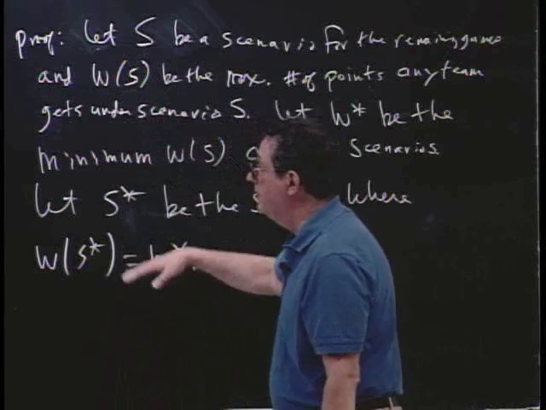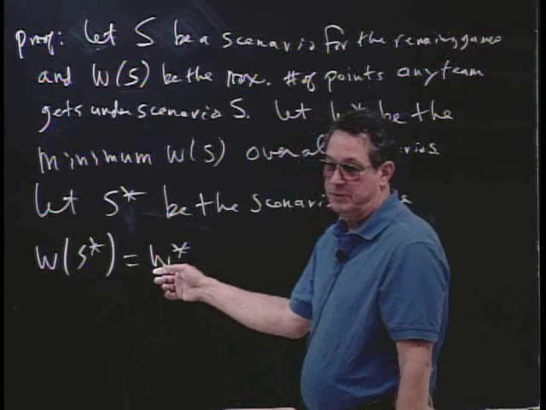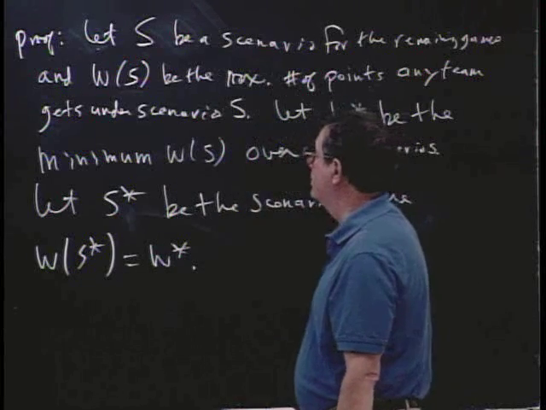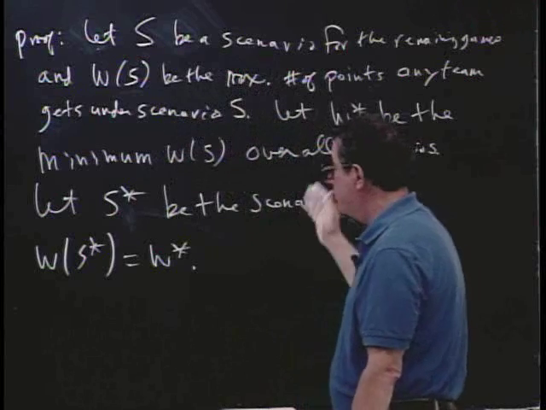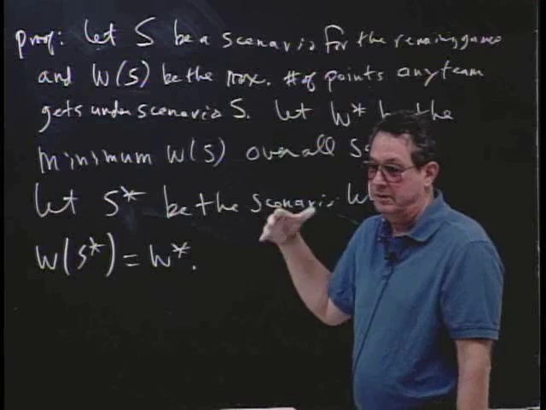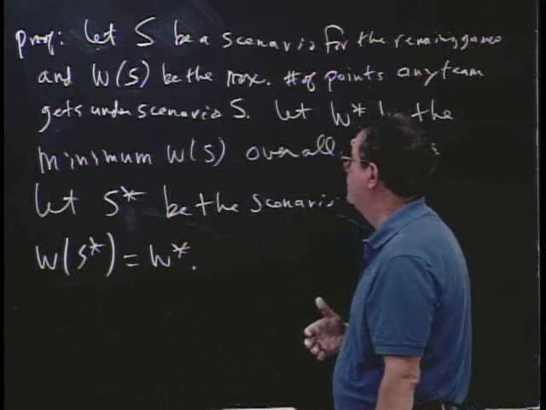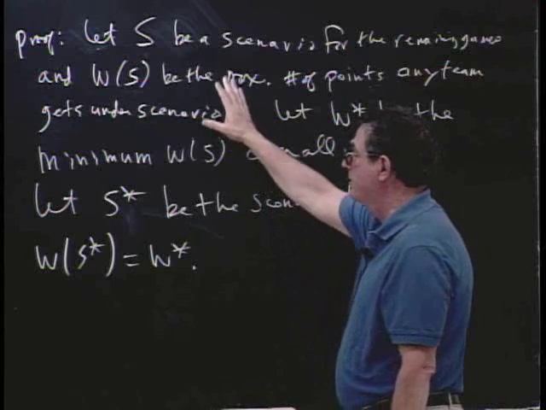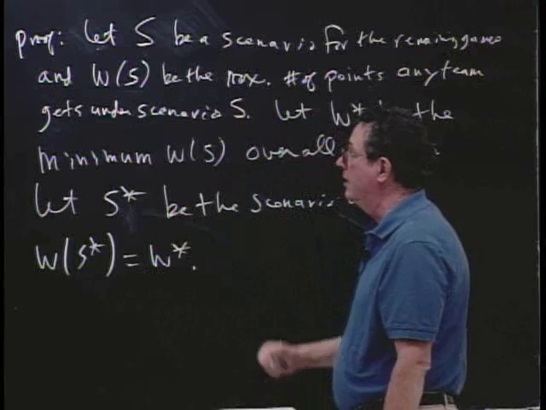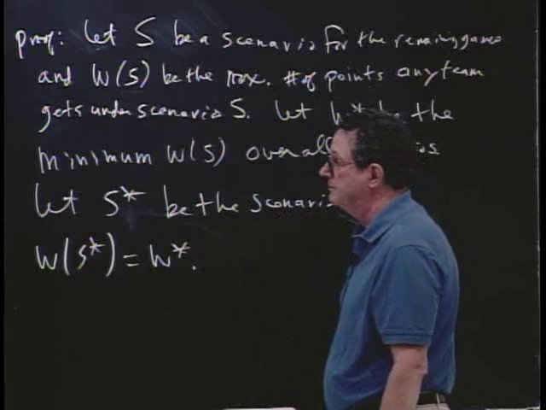Now, this proof doesn't give you any hint as to how you would find W star, because the definition looks over all possible scenarios, and that's not very efficient. It's certainly finite, it's constructive, but it doesn't suggest whether finding W star is an easy process or not. We just want to prove that there is such a threshold W star.